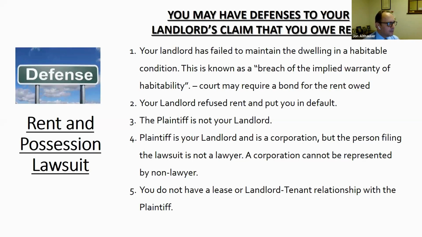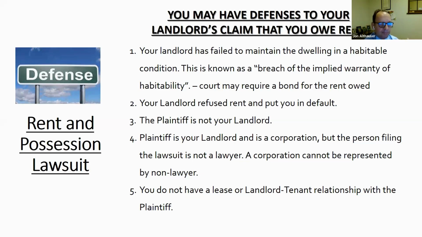And I want to talk a little bit about defenses generally. There are different types of defenses. You might say, well, I don't owe any rent. I have receipts that show that I made all the payments and I don't actually owe anything.